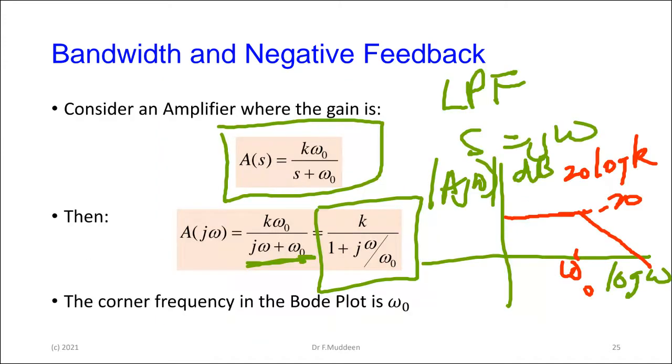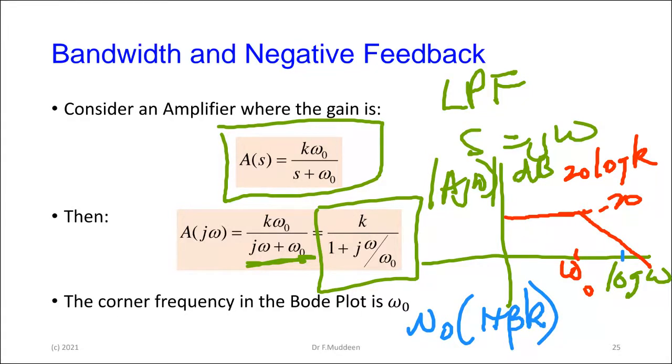Right here. So instead of ω0 now, we have ω0 into 1 plus beta K. That is where the corner frequency has moved up. So the corner frequency is now here.